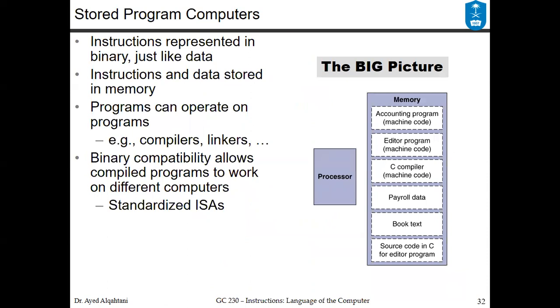Now, we looked at the immediate, the I type or the I format instructions, and now we will take more I type instructions. But before, here's the stored program in the computer.